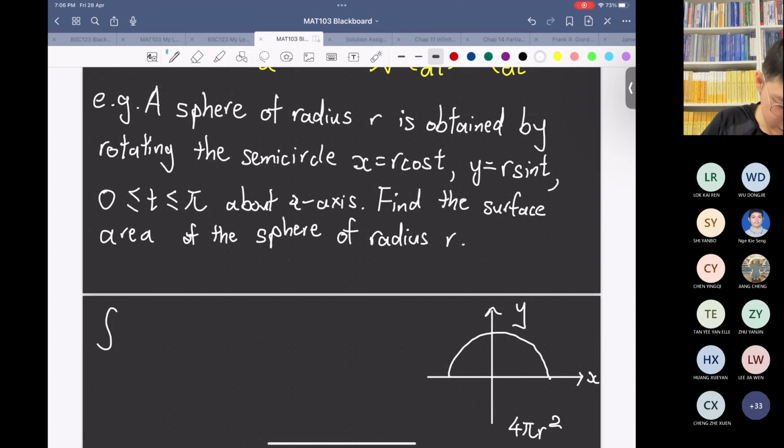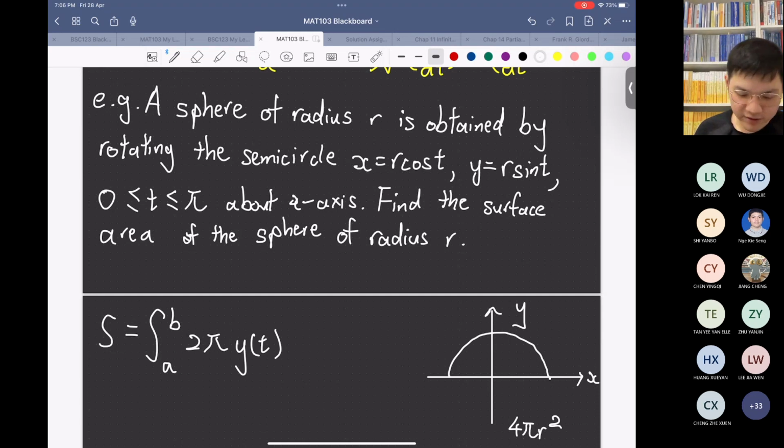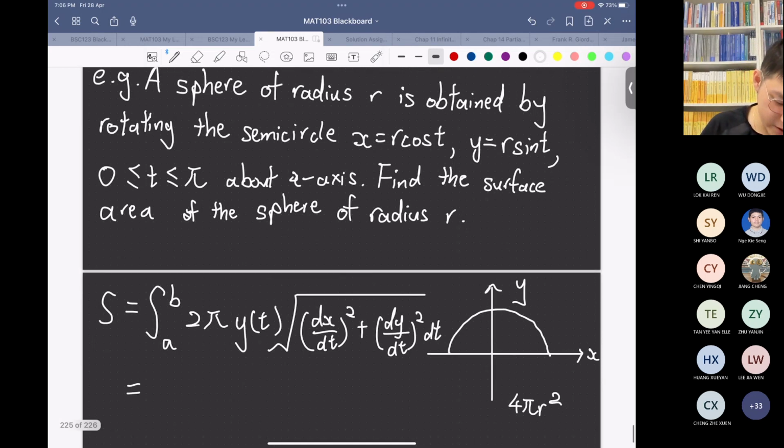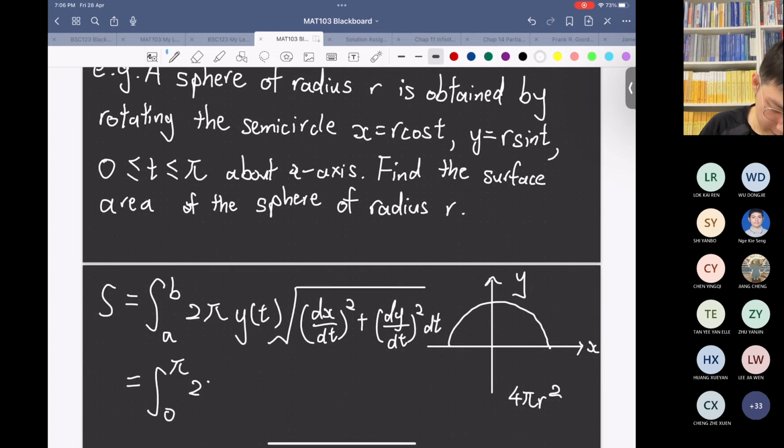So let's take the formula. The surface area is the integral from a to b of 2 pi times your radius, here controlled by t, and ds, which is the length of your curve. Remember the Pythagorean theorem: you have the square root of (dx/dt) squared plus (dy/dt) squared, dt. Now t goes from 0 to pi. 2 pi, y is r sin t.